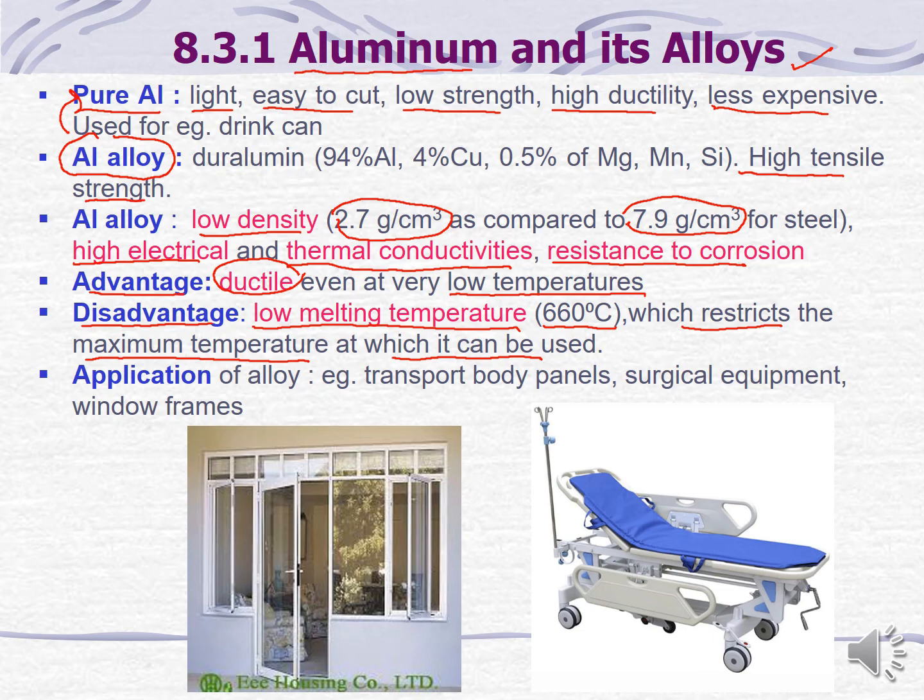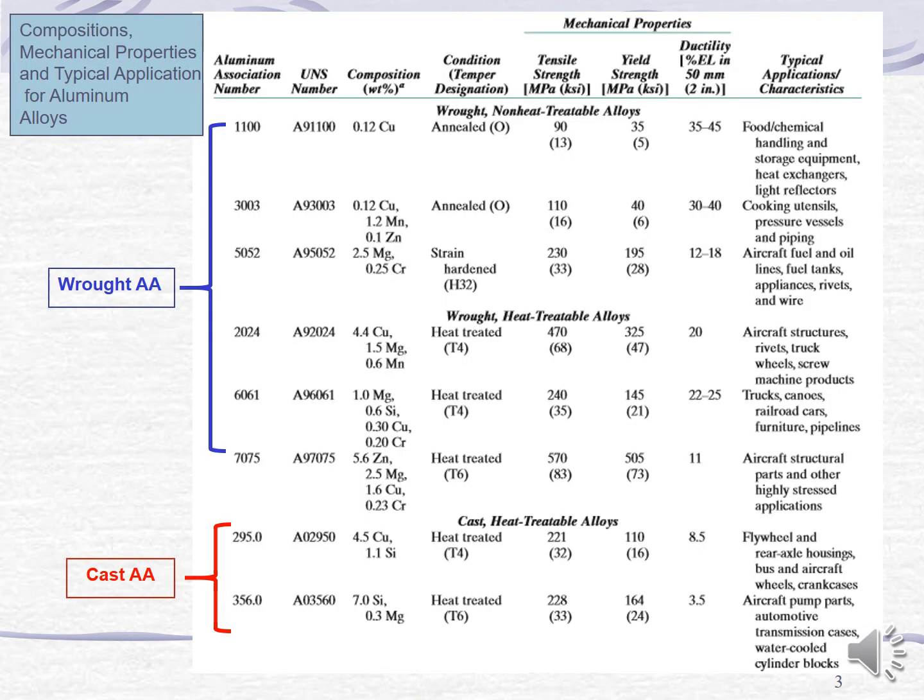This alloy is suitable for making transport body panels, surgical equipment, and also window frames. This table is about the types of aluminium according to the composition. You can also see the properties of the various types of aluminium in this table and also the application.